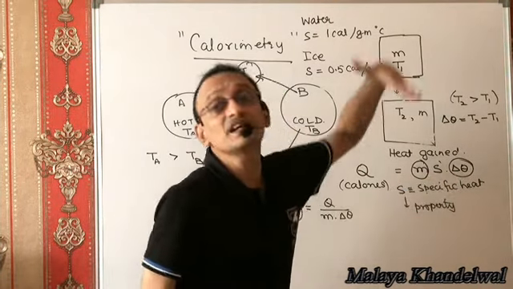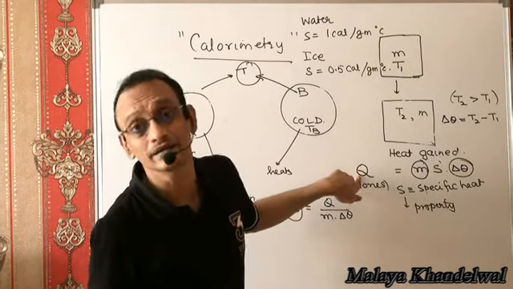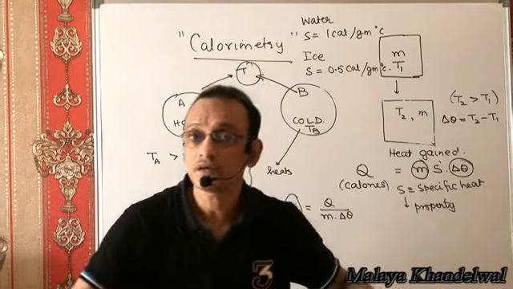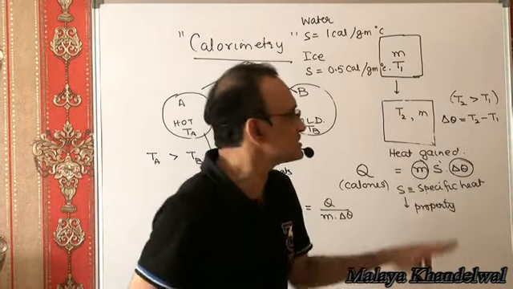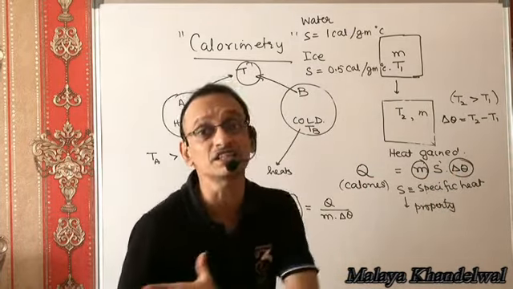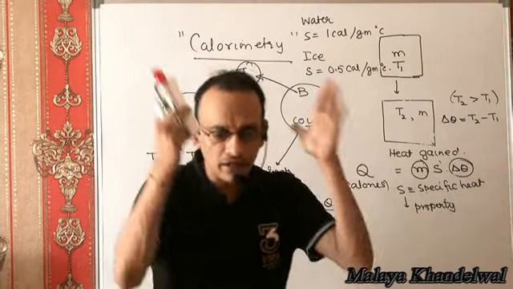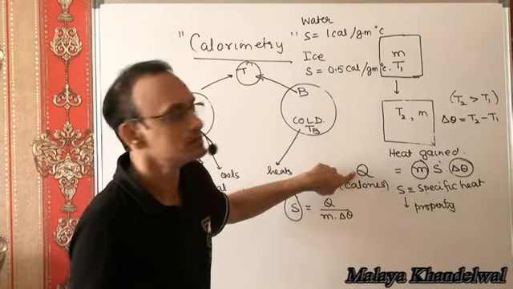And if there is increase in temperature, that's heat gained. If there is decrease in temperature, then that's heat lost. If the temperature decreases, then this delta theta will be the decrease in temperature, and this Q would be the heat expelled or the heat lost, right? Increase of temperature would mean this Q is heat gained, right?